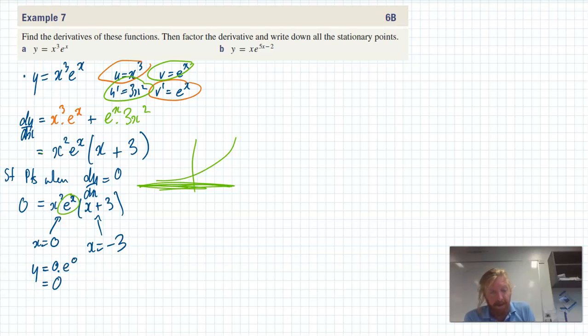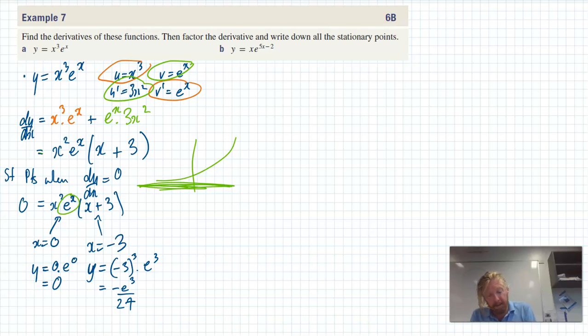Doing a lot of work in here, just because it's a video. x equals minus 3, y equals minus 3 cubed times e to the minus 3, equals minus 27 on e cubed.